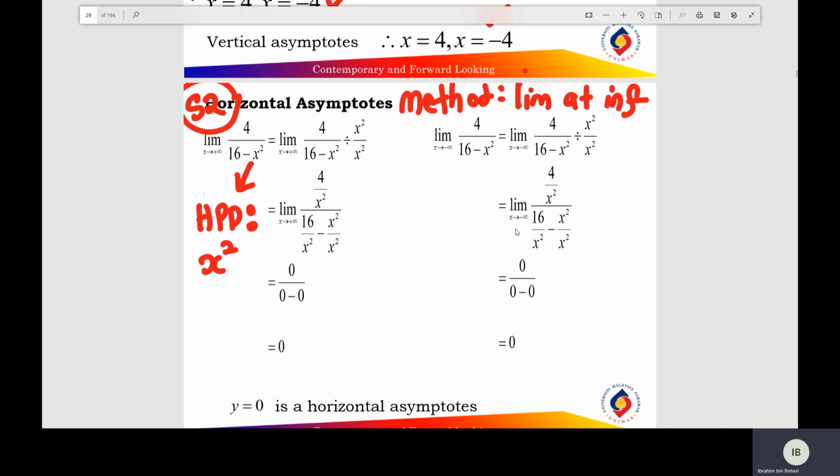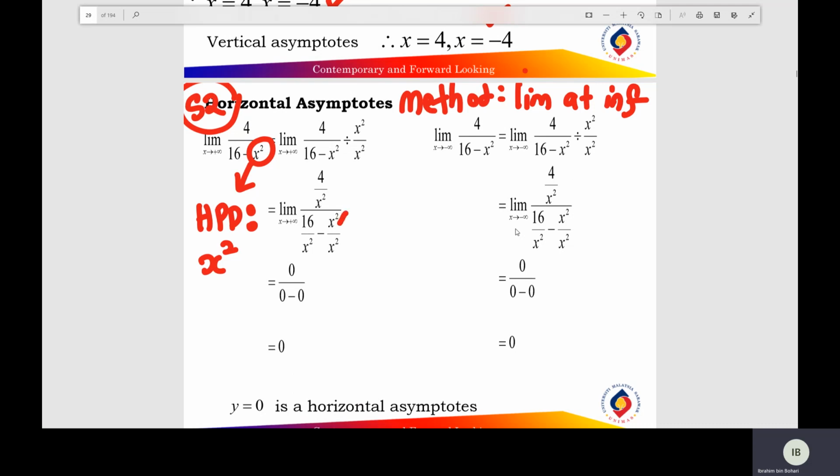You find the limit of 4 over 16 minus x squared when x approaches positive infinity. You check the highest power of the denominator, which equals x squared. The numerator and the denominator are divided by x squared. So 4 over x squared, and here 16 over x squared and x squared over x squared.